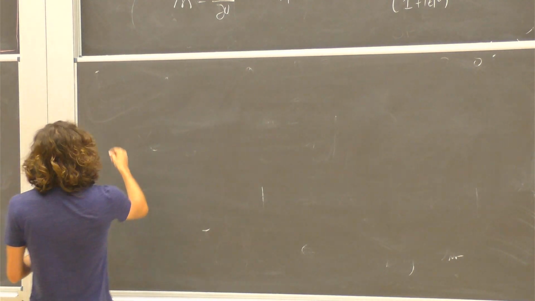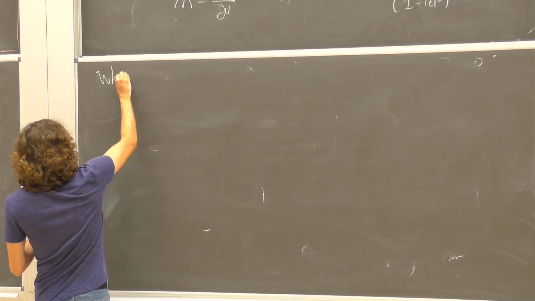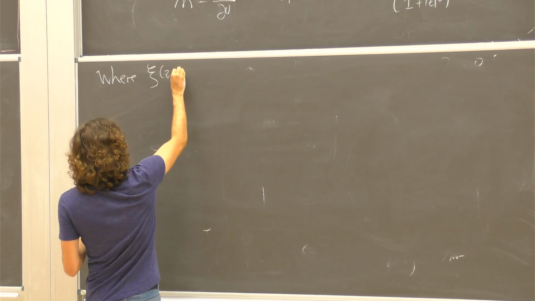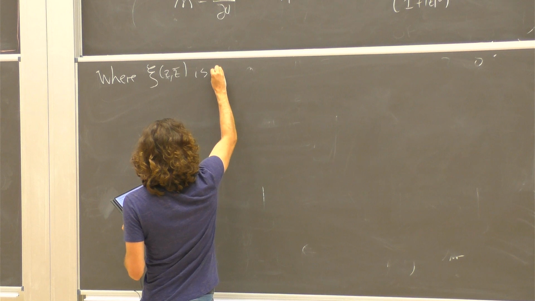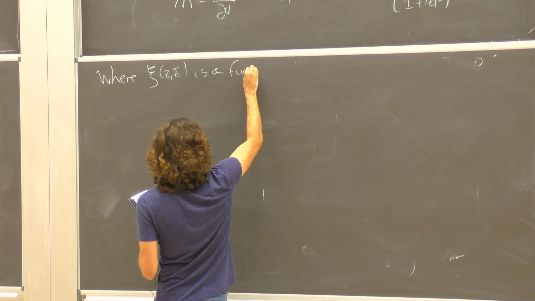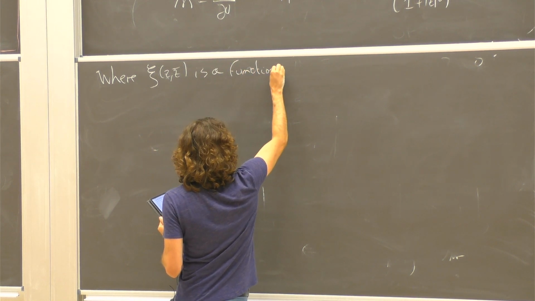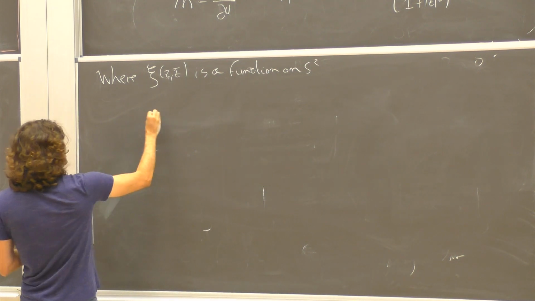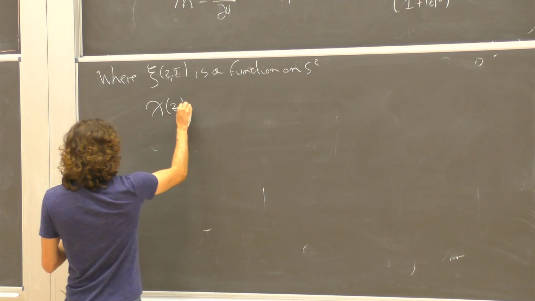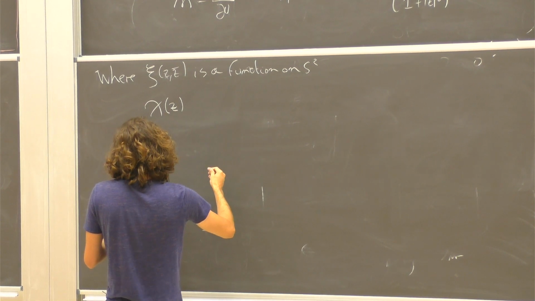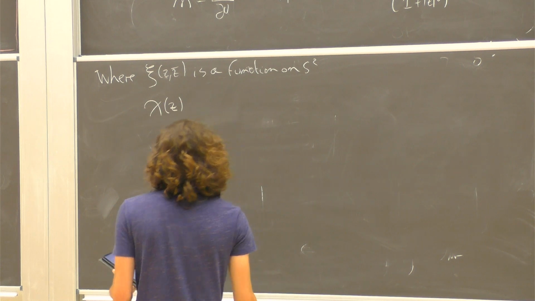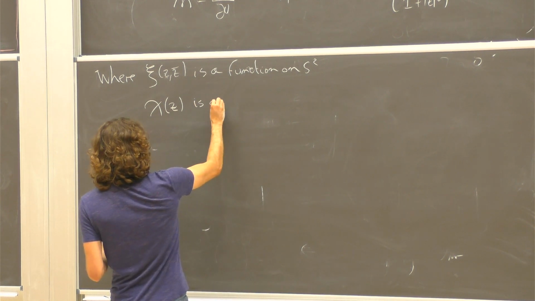So here we have free functions. Zeta is a function on the sphere. And this chi of z, well, this depends. So it's a conformal vector field.